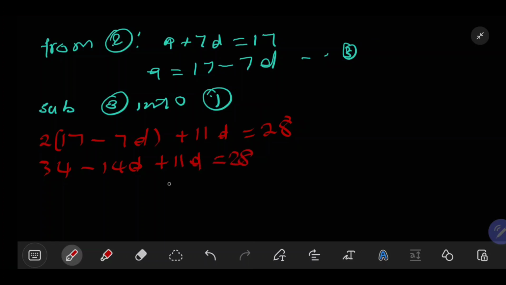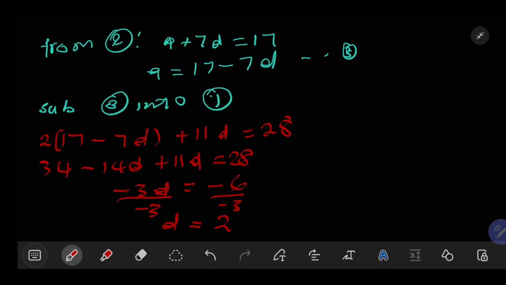When we add the d terms, we get negative 3d, and I take this 34 to the other side, and 28 minus 34 gives you negative 6. Then I can divide both sides by negative 3, and we get that our d value is positive 2.